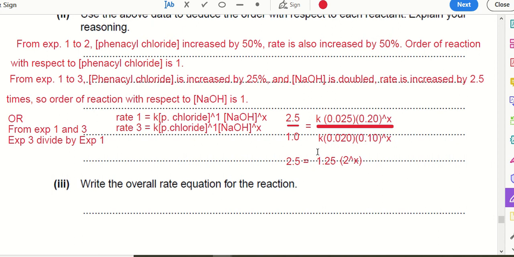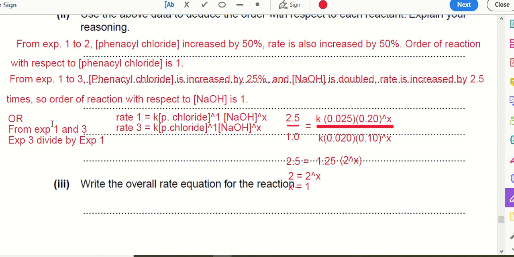Okay, 2.5 divided by 1.25 is 2. 2 equals 2 to the power of x. So from here we know x equals 1. That is why the order of reaction with respect to sodium hydroxide is 1.